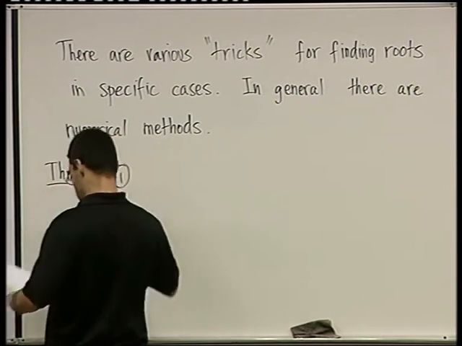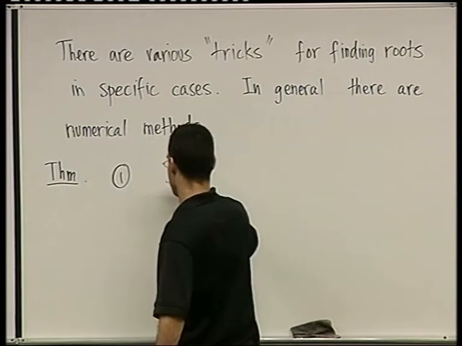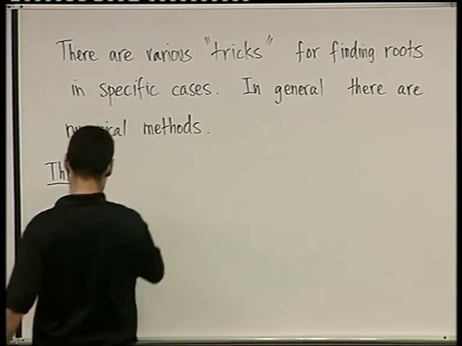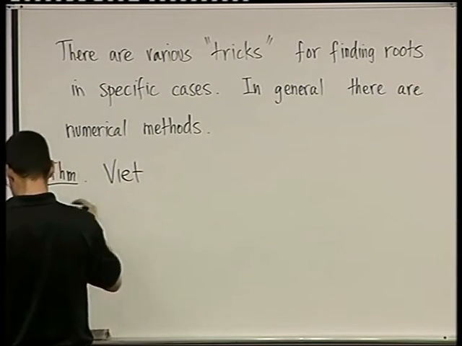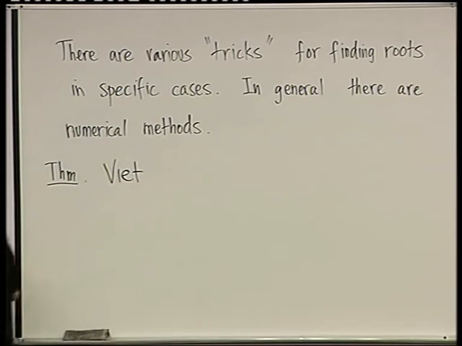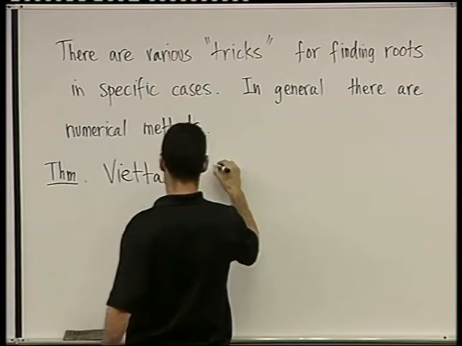So the first theorem, which you should know, let's write each one separately. The first theorem is called Vieta's. The double T, I don't remember if it's a double T or not. I think it was a double T, but I'm not sure. Vieta's formulas.